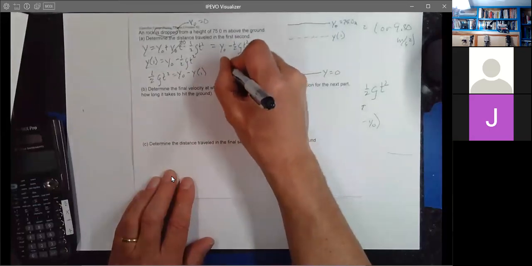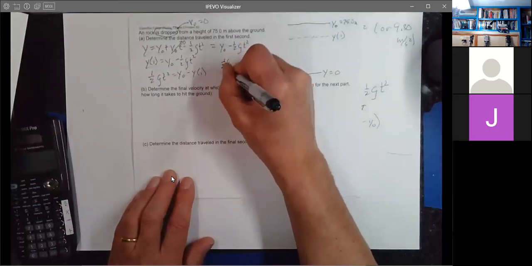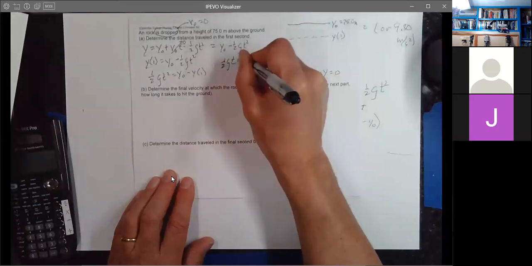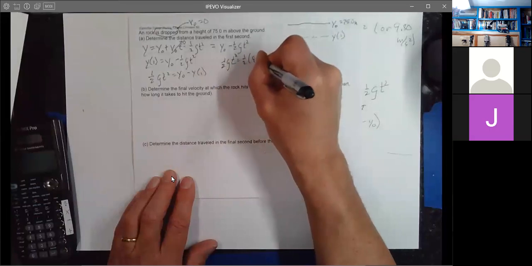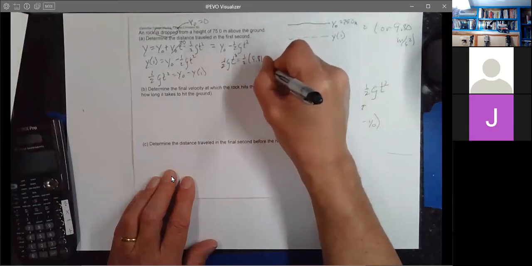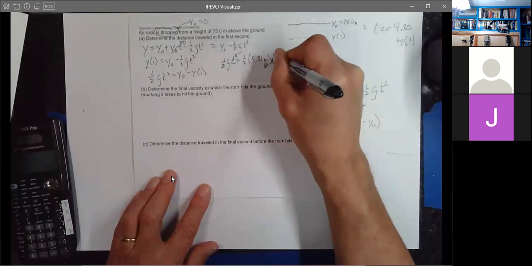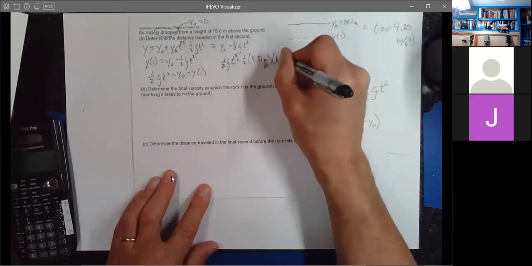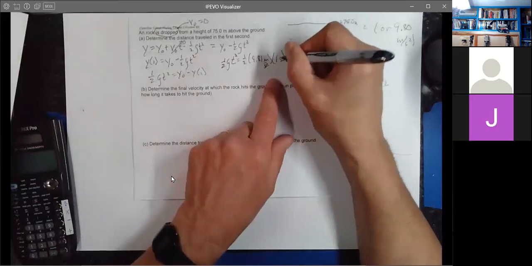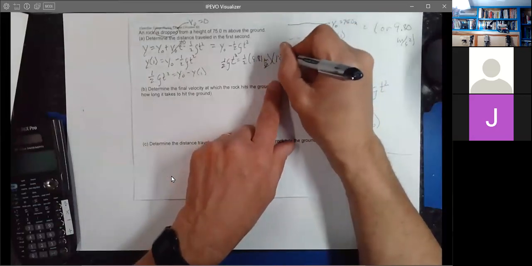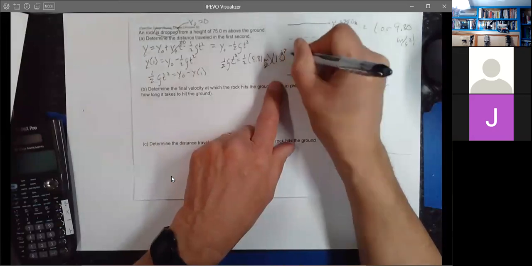Anyway, 1/2 gt squared is going to equal 1/2 times 9.81 meters per second squared times 1 second. They just say in the first second. They don't say how many significant figures. We could put as many as we want, and we square that.